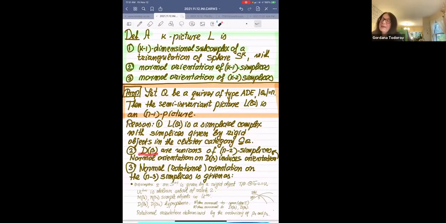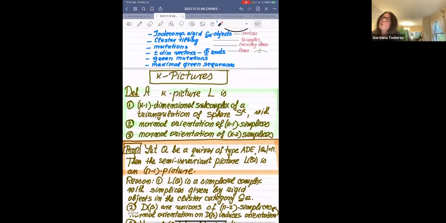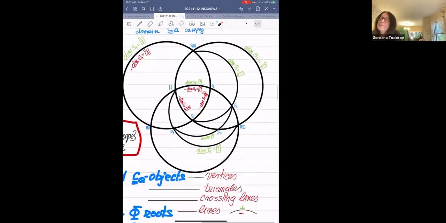Now, D beta are unions of N minus two simplices. So notice I have A3, so I'm on S2, and then my lines are one simplices, right? So D beta is a union of N minus two simplices, and we have a normal orientation on D beta, as I pointed out, and that induces normal orientation on these N minus two simplices. So let me just go back to the picture here.